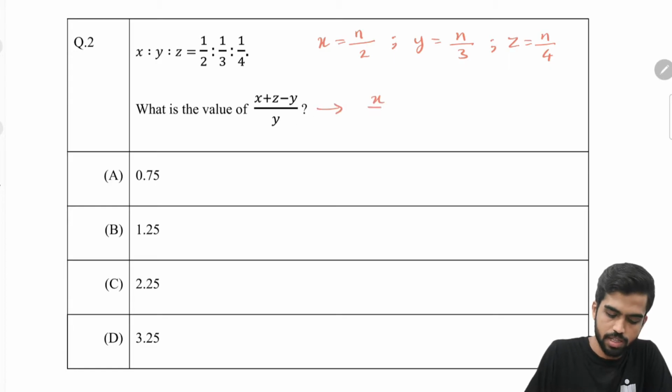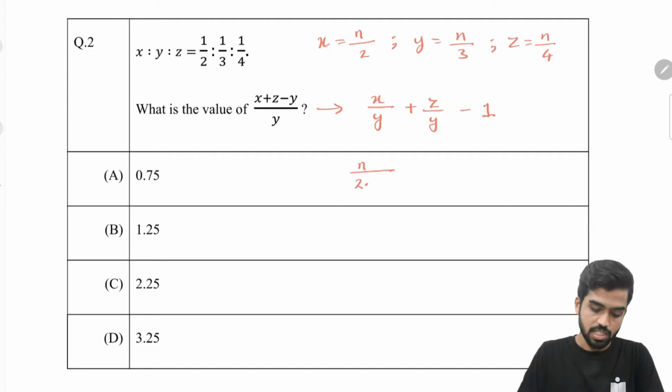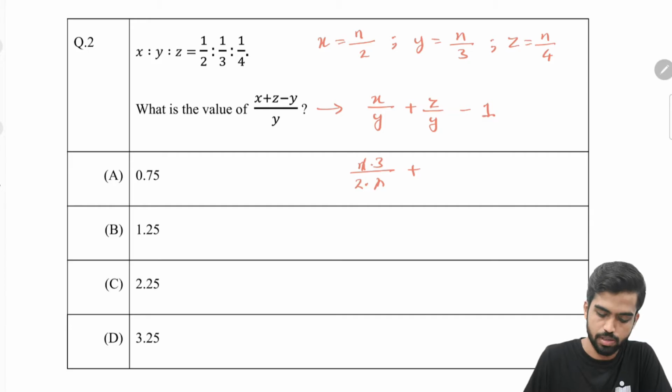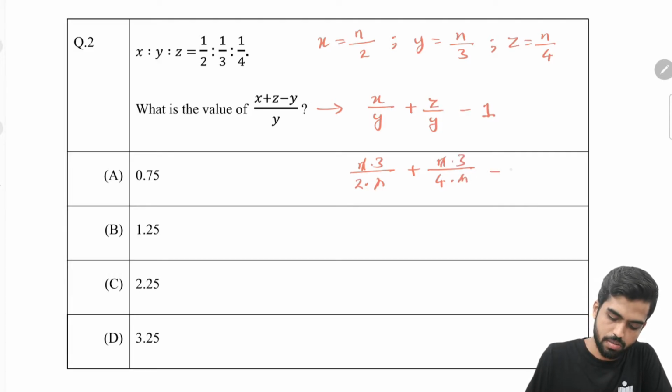This can also be written as x by y plus z by y minus y by y, which will be 1. Now just put the value of x as n by 2, y as n by 3, and n would cut out, and z as n by 4, y as n by 3, minus 1.